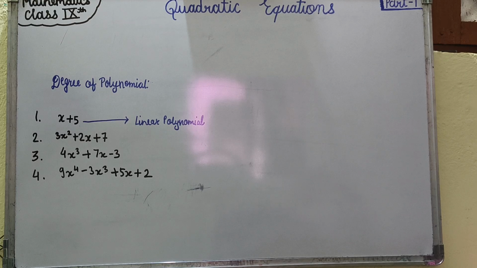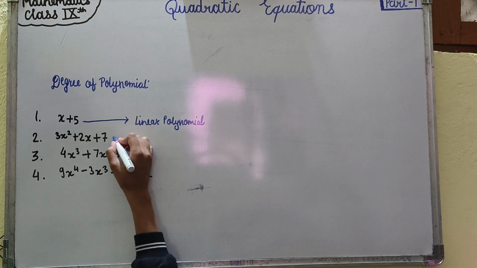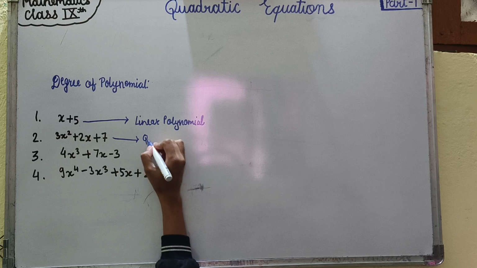The polynomial or expression having 2 as the degree of the polynomial is called the quadratic polynomial.